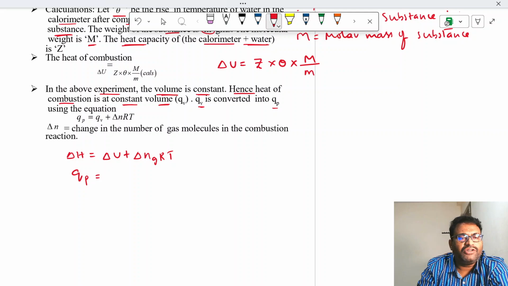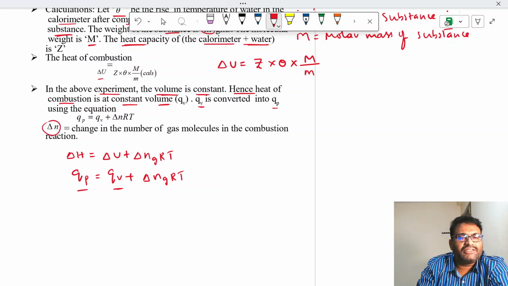QP is equal to QV plus delta ngRT. Okay. So when a question is asked, they will clearly ask us what to calculate, whether it is at constant pressure or at constant volume. They will mention in the question so that we can calculate. QV is nothing but delta U. Delta U means directly you can use this formula and solve the question.